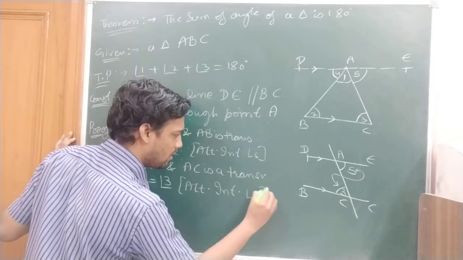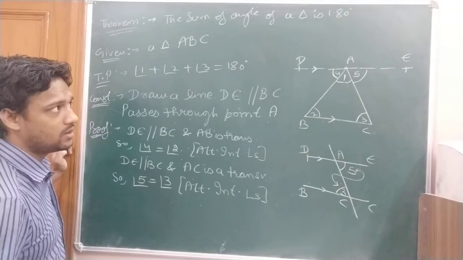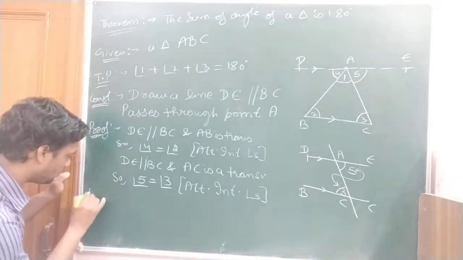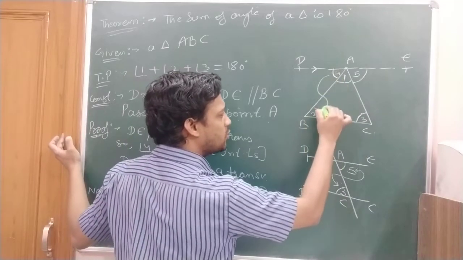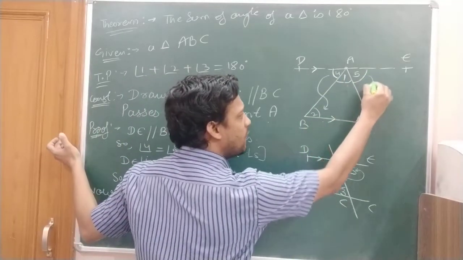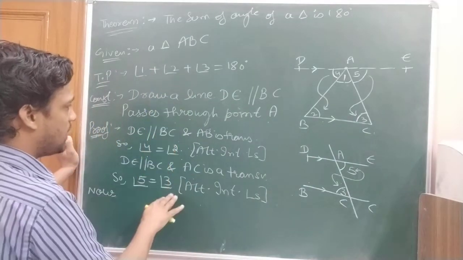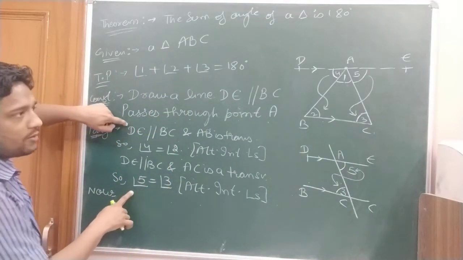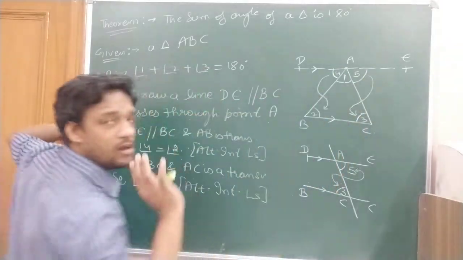Reason is alternate interior angles. Clear? Now we have proved that angle 4 equals angle 2 and angle 5 equals angle 3, from these four lines.